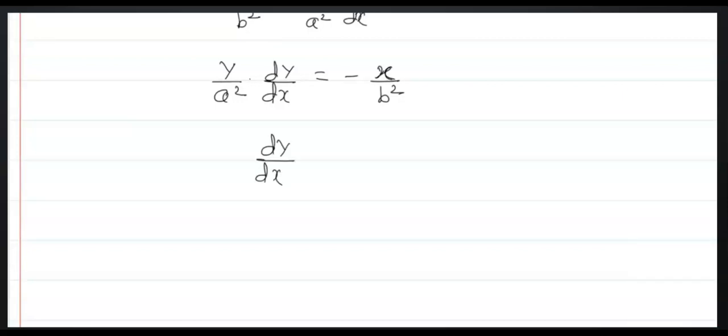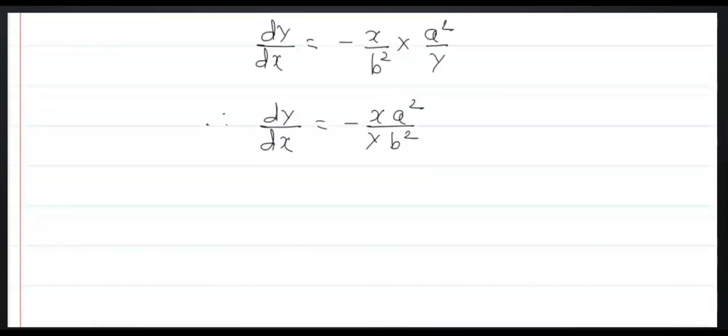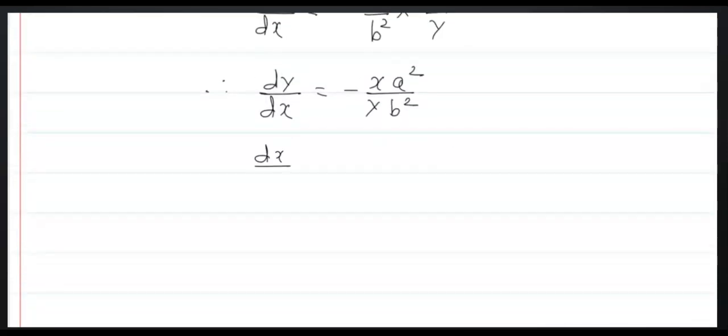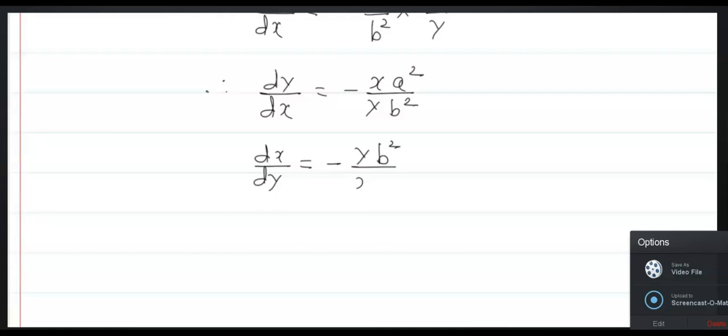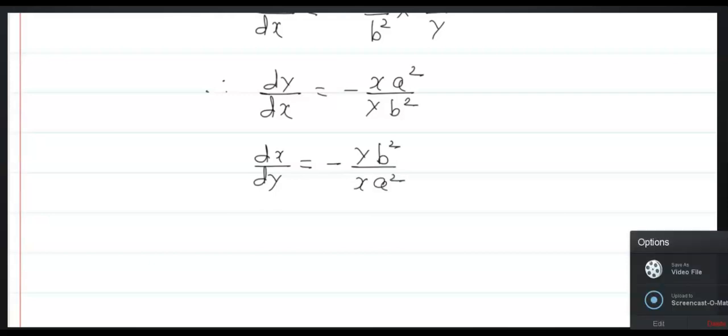Therefore, dy by dx is equal to minus x upon b square into a square upon y, that is dy by dx is equal to minus x a square upon y b square. Therefore, dx upon dy is equal to minus y b square upon x a square, and this is the final answer.